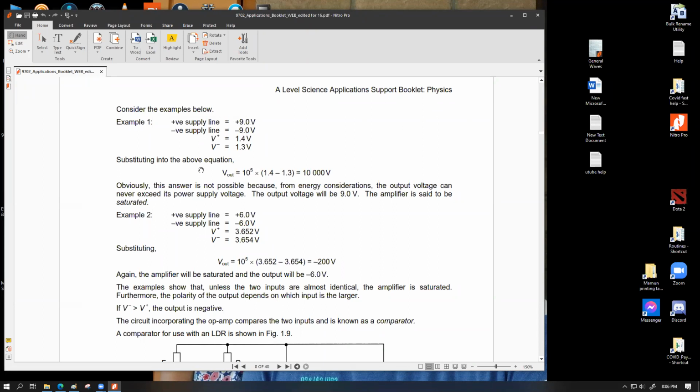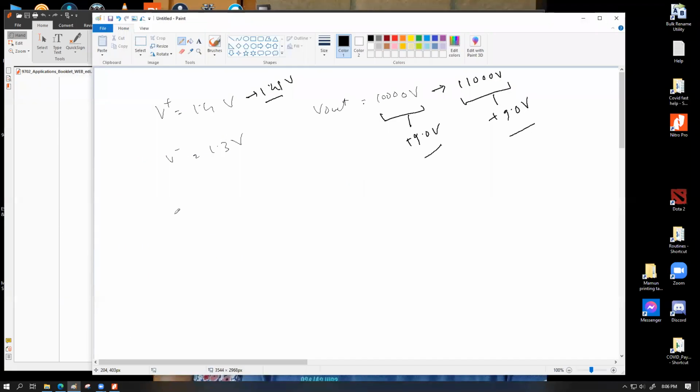So if we take one terminal value for the supply voltage and try to do some reverse calculation, let's write the equation V out equals A naught, which is gain, times V in. If we want the output to be 9 volts, this is the maximum value of the output that you can have, plus or minus, it doesn't matter. That should be equal to 10 to the power 5 times V in. Or in other words, V in should be equal to 9 times 10 to the power minus 5 volts.